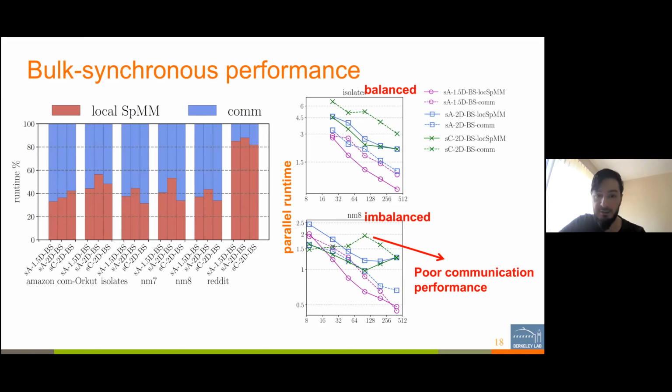Because it does not suffer from load imbalance as much as the other bulk-synchronous approaches do, because it does not split the computations in stages. And secondly, it does not communicate the sparse matrix. Here, the instance NM8 is an imbalanced matrix, and you can see that it does not suffer as much as the other algorithms do from the sparse matrix being imbalanced.